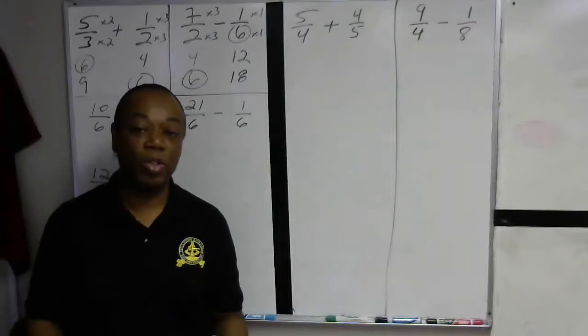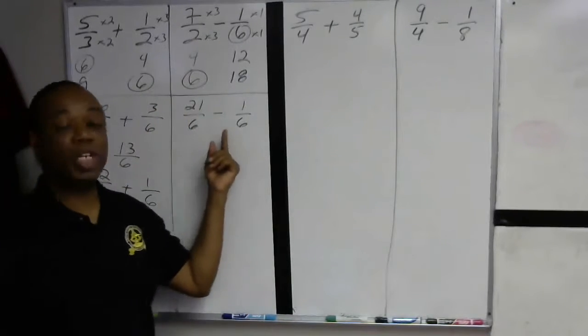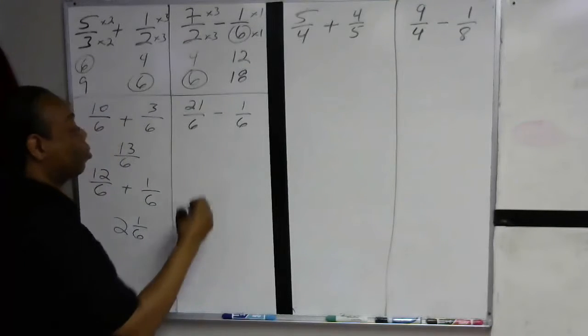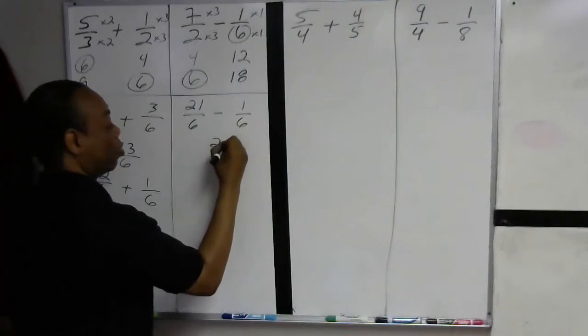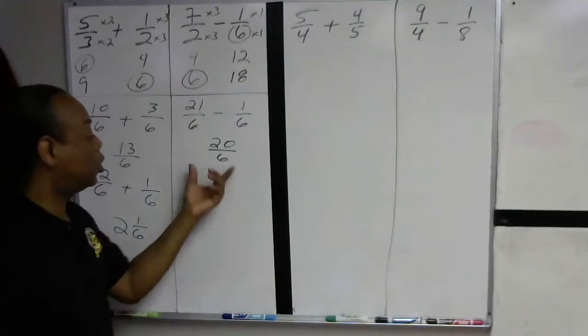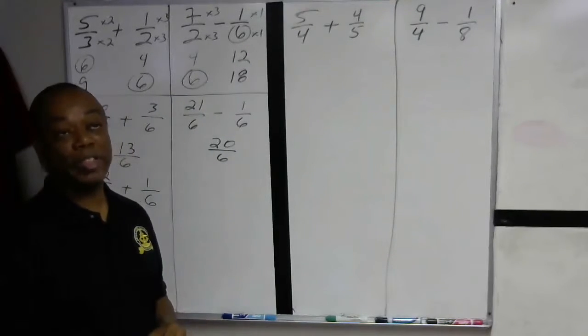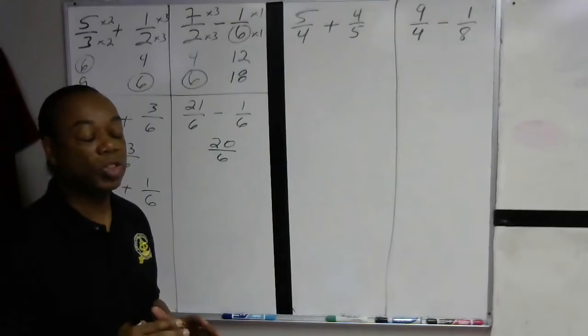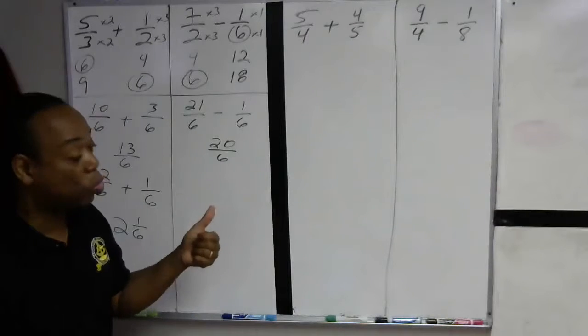Okay, now we're going to subtract these. 21 over 6 minus 1 over 6 will end up being 20 over 6. Okay. Now, this is an improper fraction. We want to ask ourselves, what's the closest number in the 6 times table to 20?